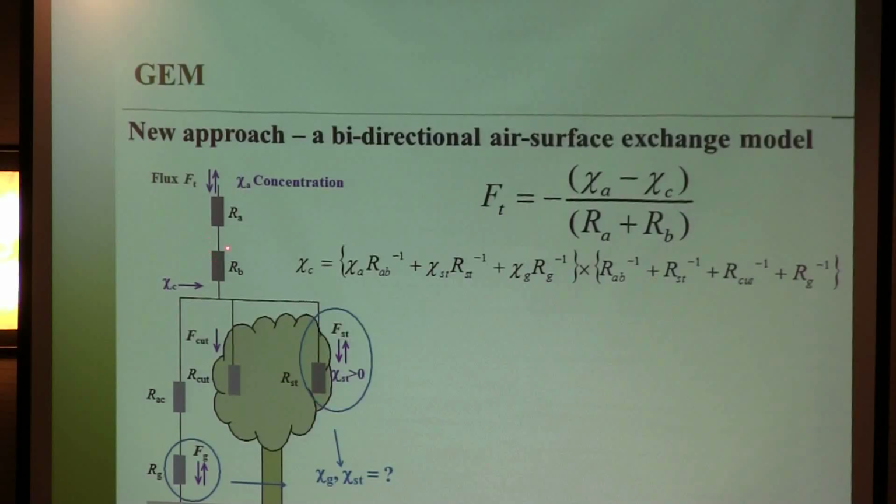You need the concentration gradient from the reference height and at canopy height. This canopy height concentration, you don't need to measure. It's a middle variable, which can be calculated based on the three pathways. Okay, this is the final formula, but you need some mathematical process to get that one.